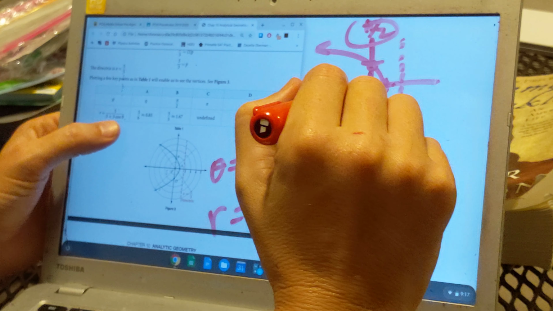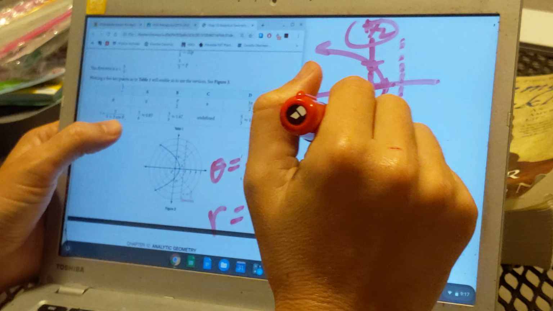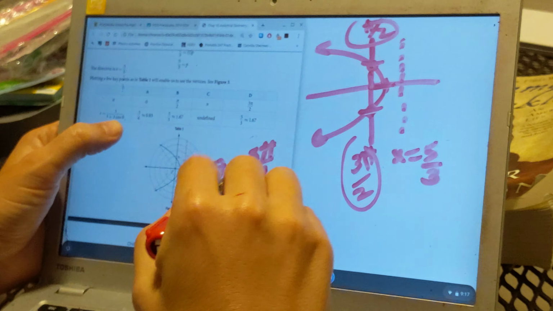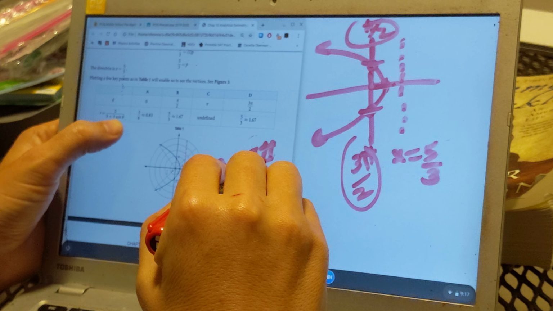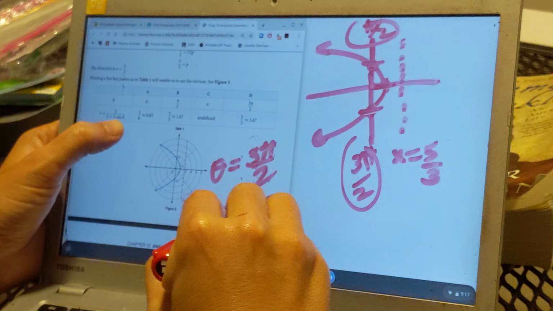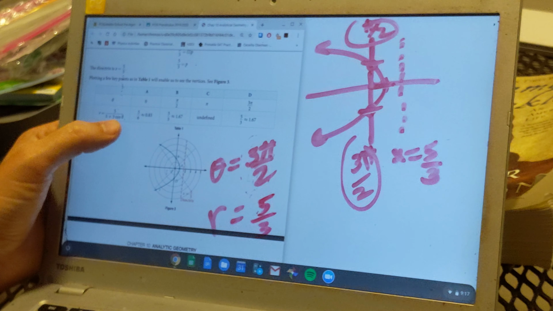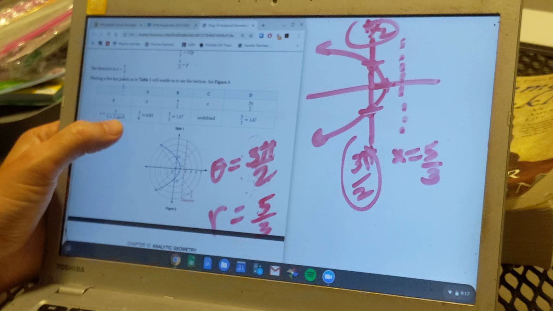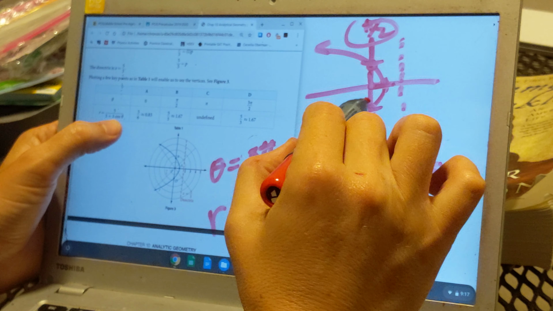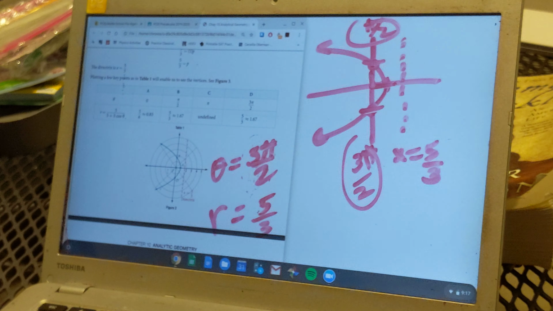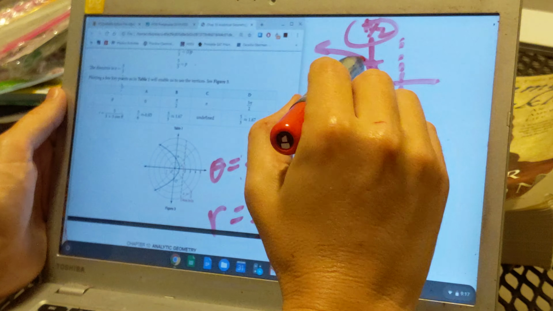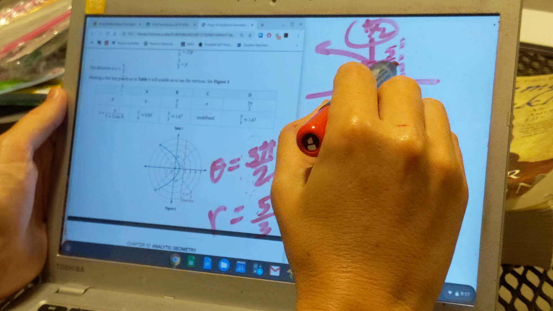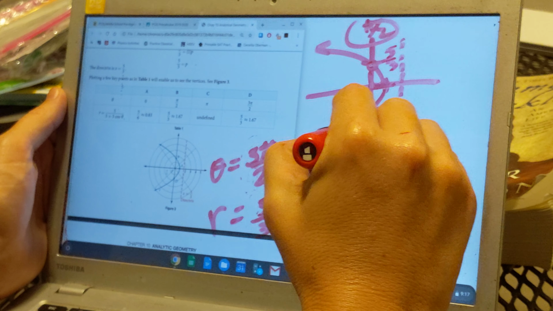It's 0 again. This is exactly right because it's cosine. So this is 0, so we get 5/3 again. Excellent. Now, if it was a sine, it would give us a -1, but in this case, it is not. So we get this point right here, 5/3, and this point right here, 5/3.